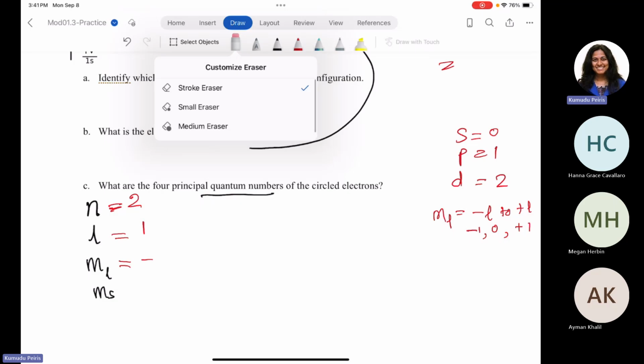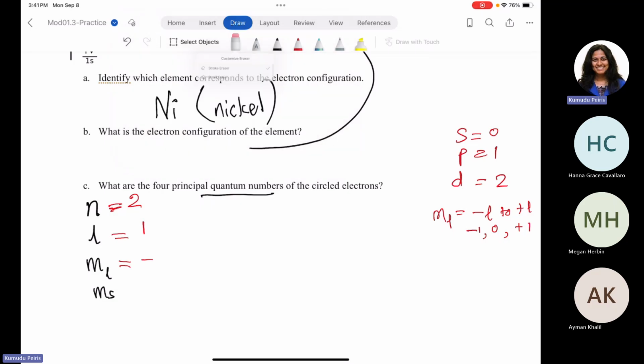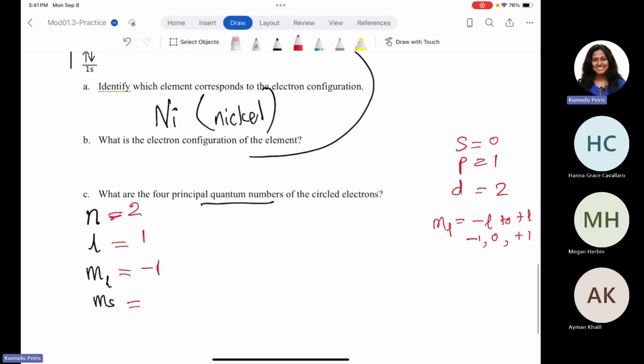Why? Right, -1. Now look at the next, the spin quantum number. It's easy. The spin quantum number can have only two values, plus half or negative half.